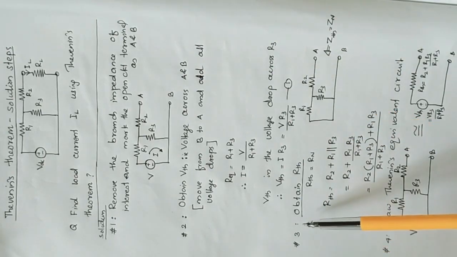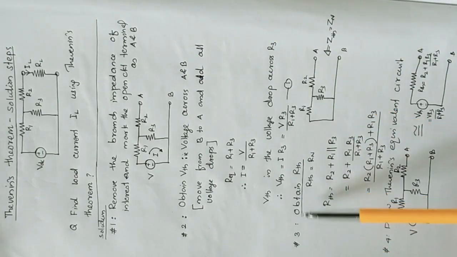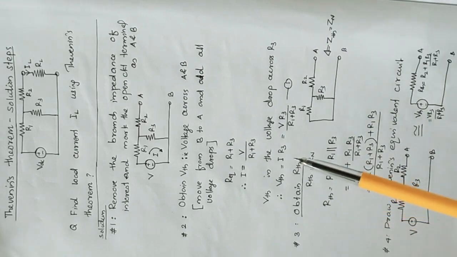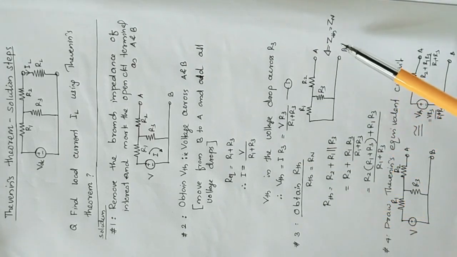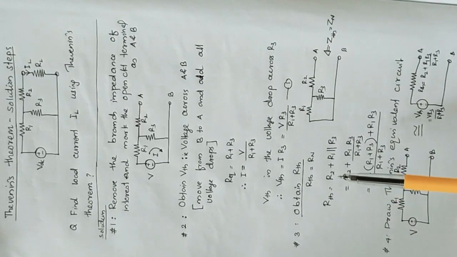The next step in this method is we need to obtain Thevenin's equivalent resistance or Thevenin's equivalent impedance. It is to be noted that Thevenin's equivalent impedance is exactly equal to Norton's equivalent impedance or Norton's equivalent resistance.